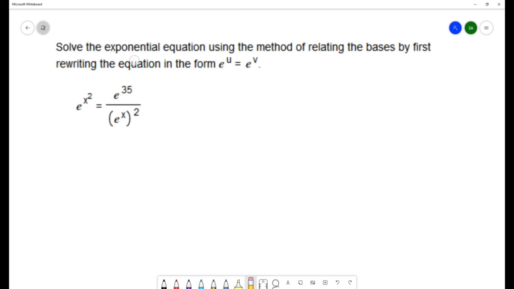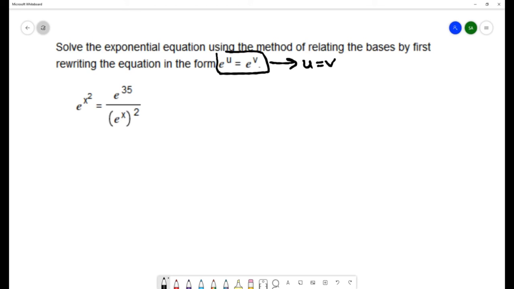Solve the exponential equation using the method of relating the bases by first rewriting the equation in the form e to the u equals e to the v. We're going to use this method in order to simplify. Whenever we have our equation written in this form, we can use the one-to-one property of exponents to write this as u equals v.